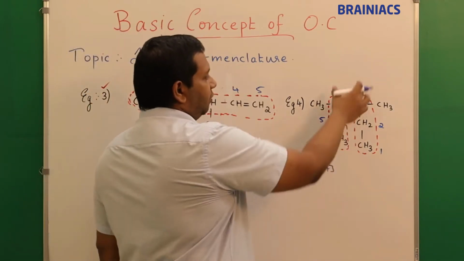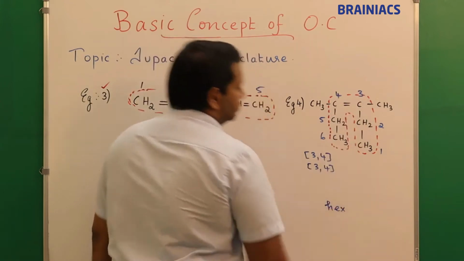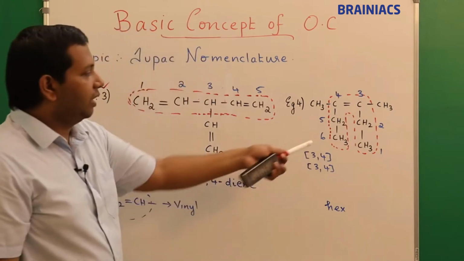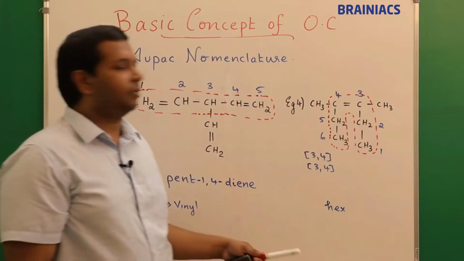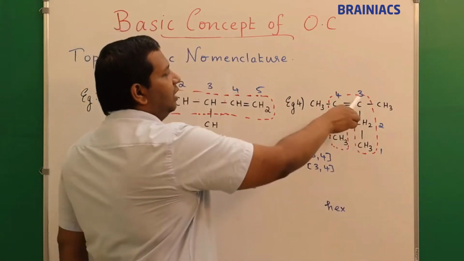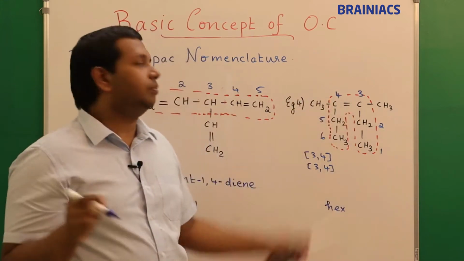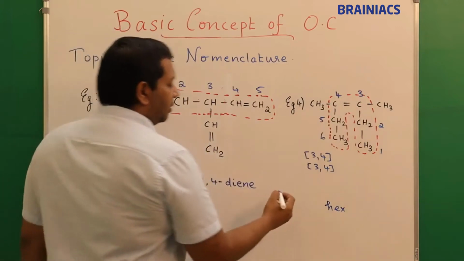Now what is the next thing? We will start naming. Word root, 6 carbons are there, so I will use the term hex. Correct? Primary prefix will not come into picture since it is not a cyclo compound. So I will go for what? Secondary prefix. So secondary prefixes are substituents. At what position are substituents there? 3 and 4. Since it is the same substituent, I can use the term di because there are 2 same substituents. So I can write what?